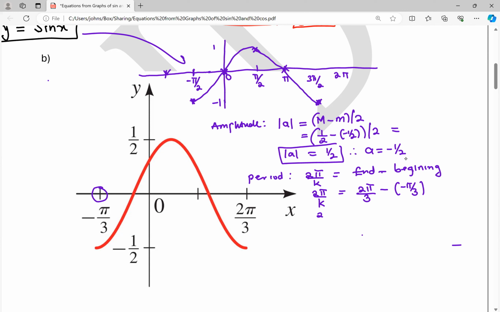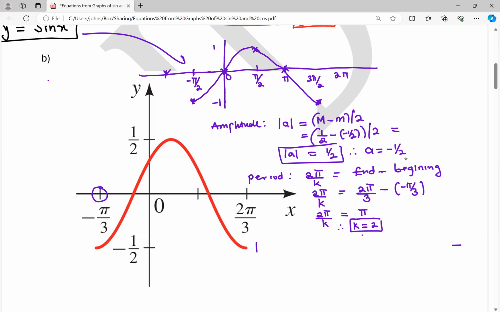So we will have 2 pi over k equals, this will just become pi. Yes, because here you become 2 pi plus pi, which is 3 pi divided by 3, it's pi. So this simply means that our k equals what? 2.